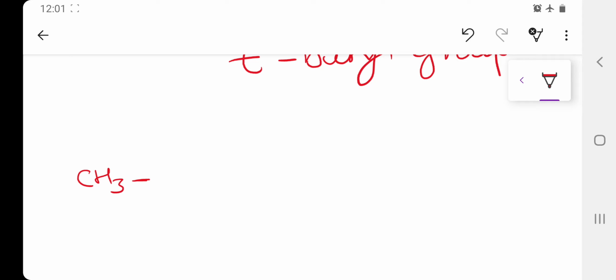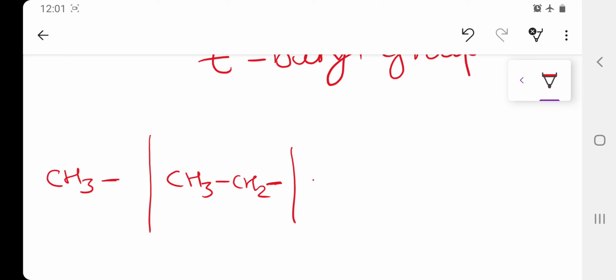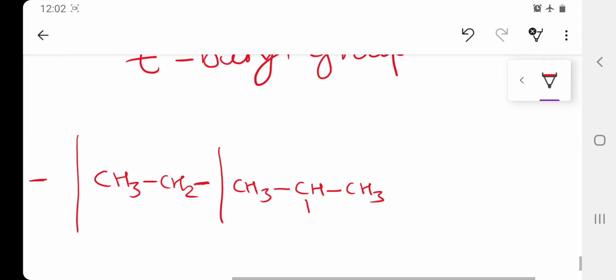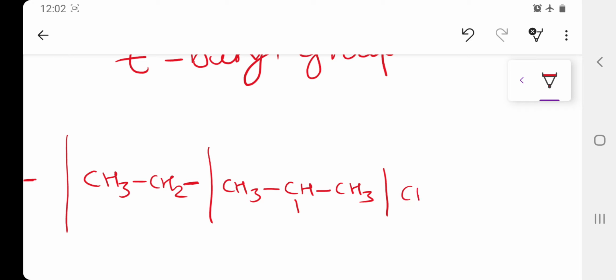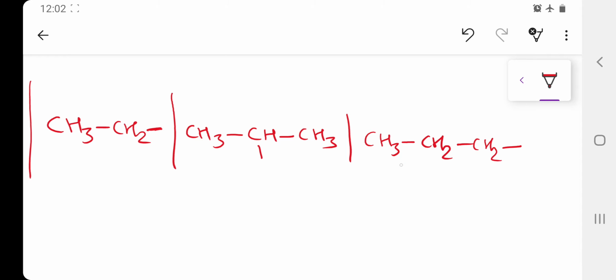Then all these groups I will write here so you can observe them at a glance. This one is CH3, then CH3 CH2, this one is ethyl, then CH3 CH CH3, that means isopropyl. It can be CH3 CH2 CH2, that is N-propyl.